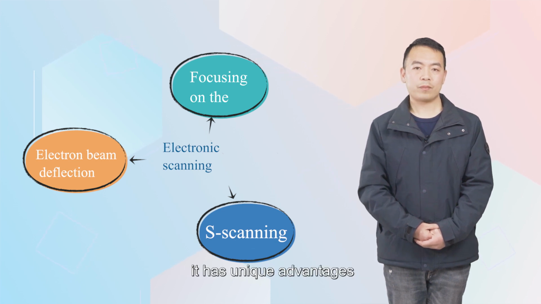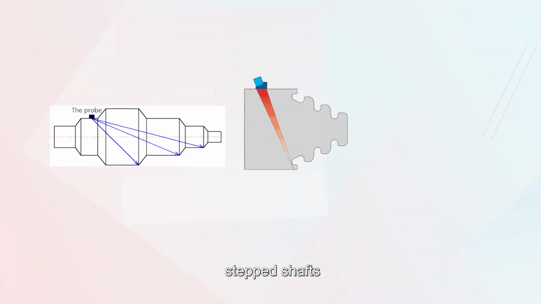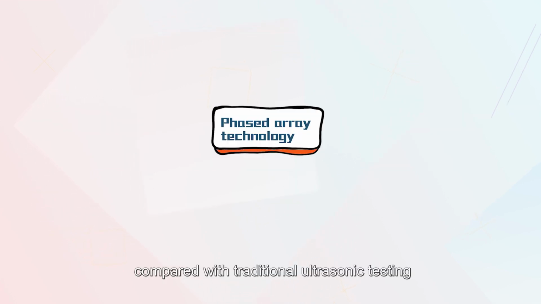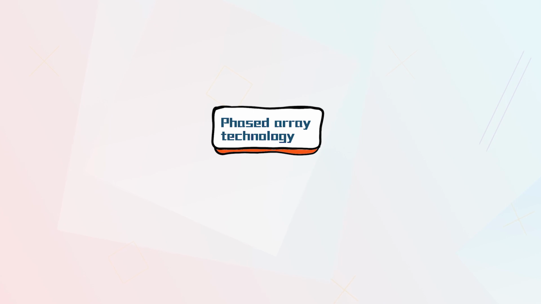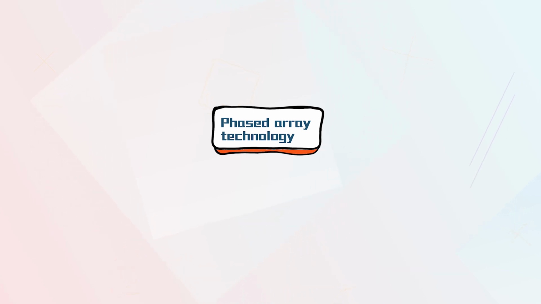Therefore, it has unique advantages in detecting workpieces with complex shapes, for example, stepped shafts, turbine blade roots, rotors, etc. Through the discussion above, compared with traditional ultrasonic testing, we can see that phased array technology has the following technical advantages.